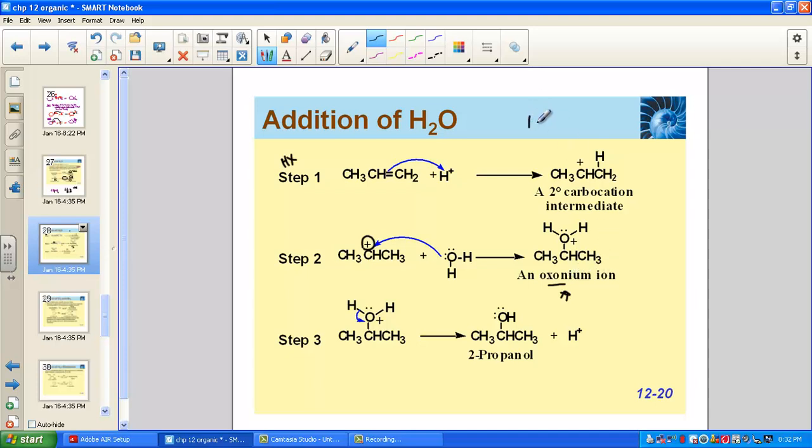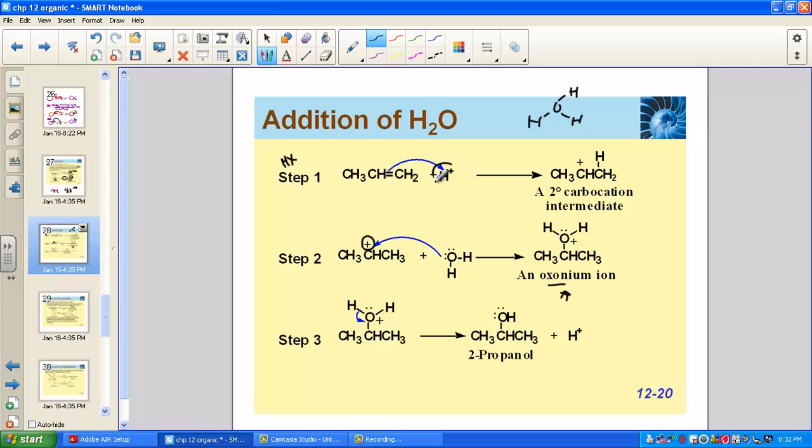We've heard of hydronium, H3O+, here this oxonium ion. The water molecule is attached to the carbon that had the original positive charge, which was indeed the carbon with the fewer hydrogens on it.